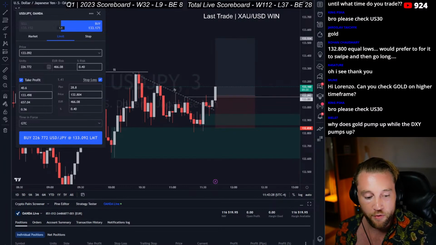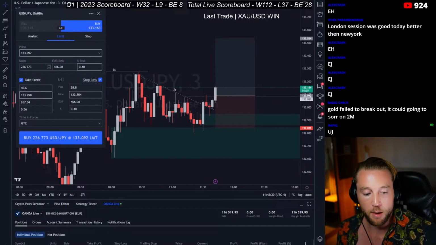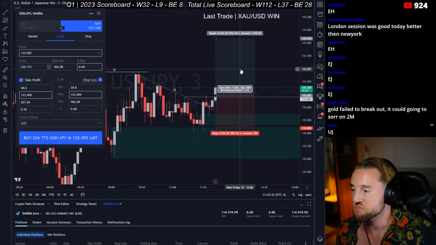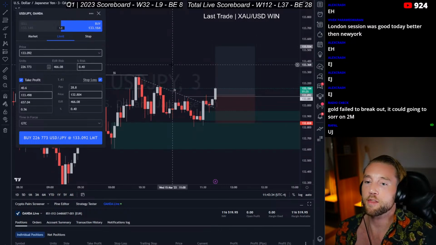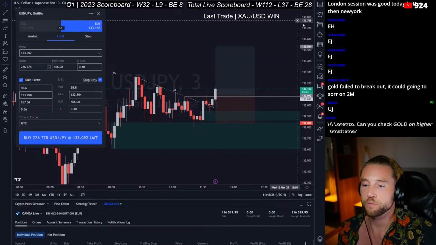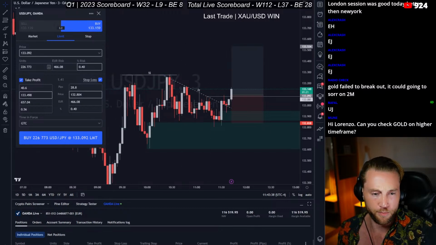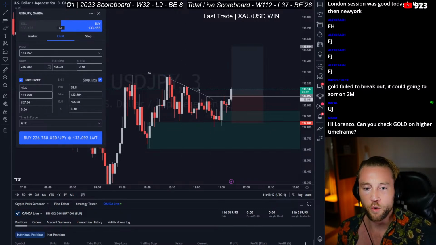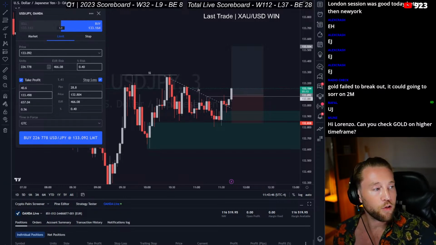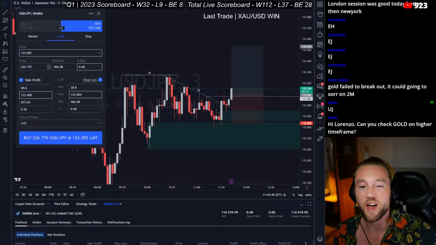That's my personal preference. Sometimes I miss out on trades, but sometimes I catch the right moments. It gives me a much higher win rate overall. So it's again personal preference here. London session was good today, better than New York. Yes, we traded it. EJ was a 500 pip trade in total.